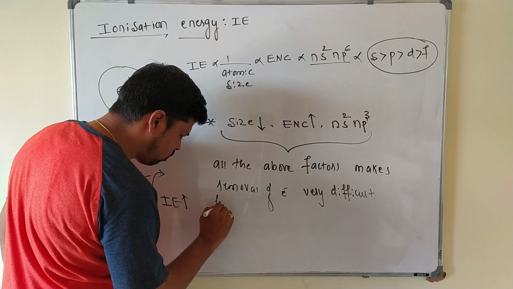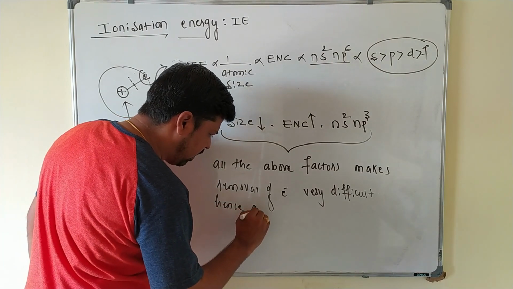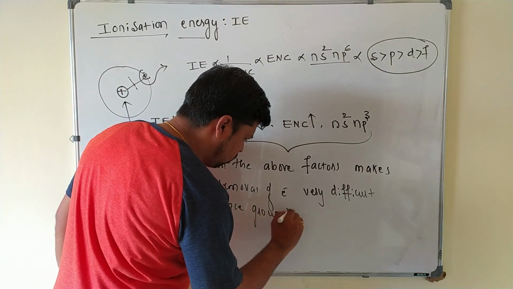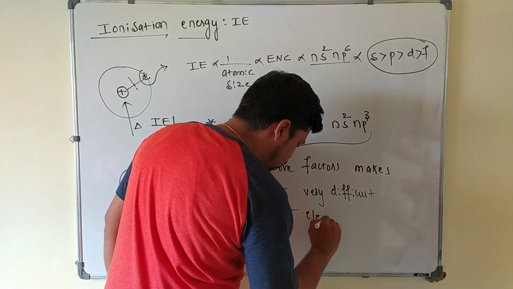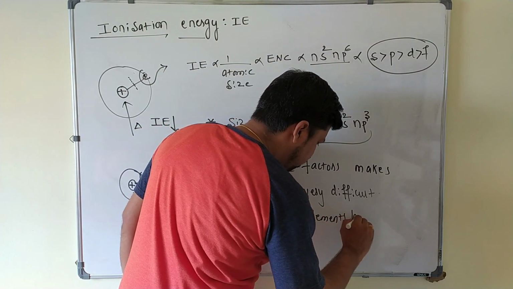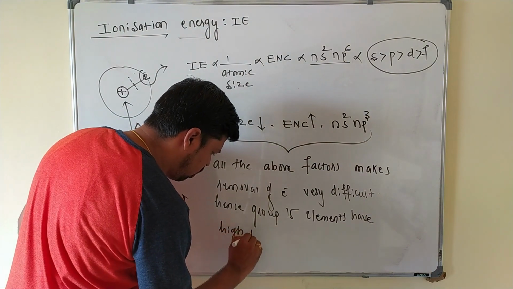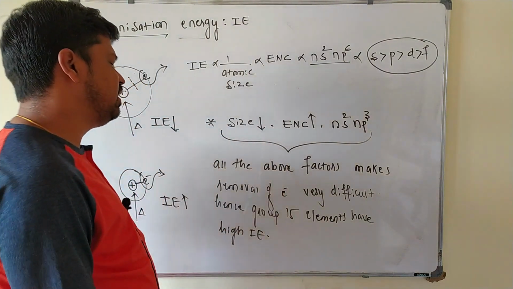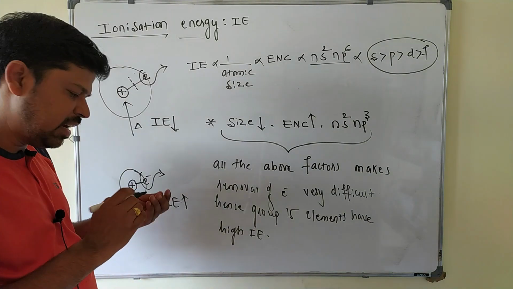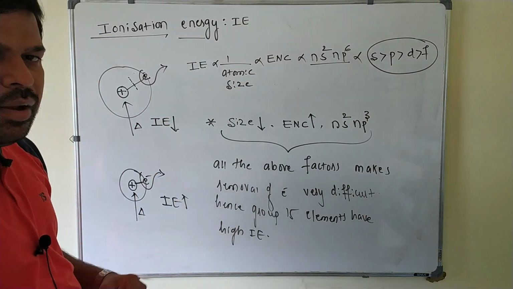Hence, group 15 elements have high ionization energy.